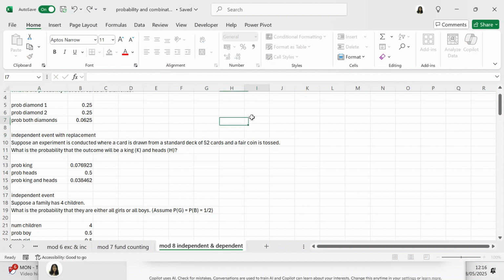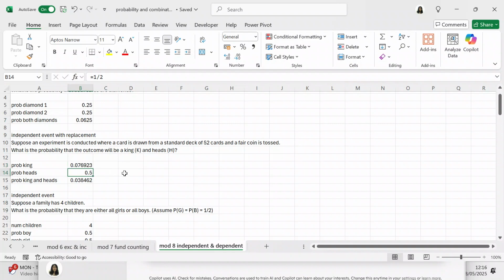So the second question is, suppose an experiment is conducted where a card is drawn from a standard deck of 52 cards and a fair coin is tossed. What is the probability that the outcome will be a king and a heads? So the probability of having a king is 4 divided by 52 because you've got 4 kings in a deck of cards.